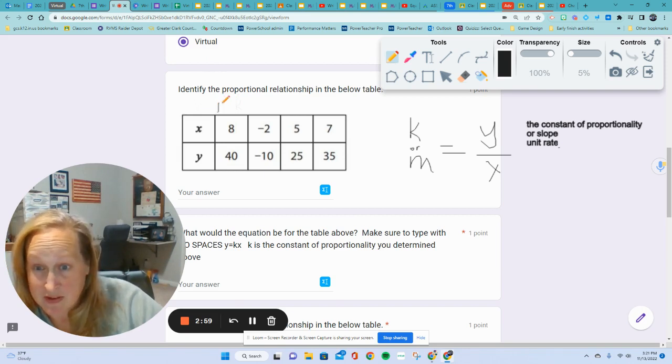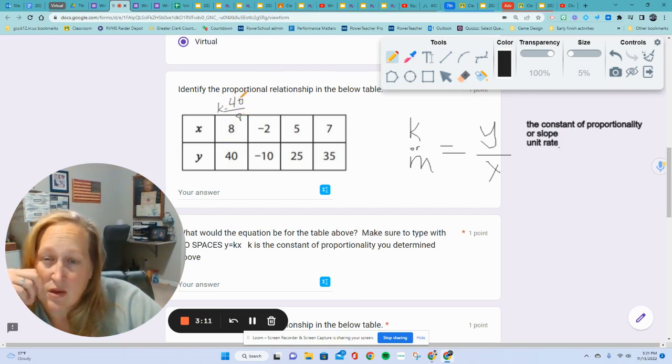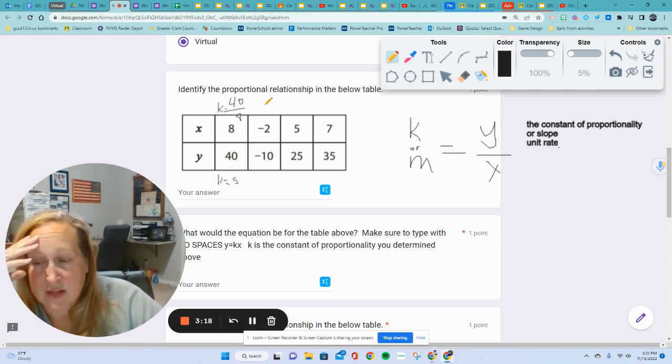K equals y over x. Well, y is 40, so I'm going to put 40 on the top, divided by x, which is 8. Well, 40 divided by 8, K equals 5. Now, to make sure that it's proportional, I've got to test each one.